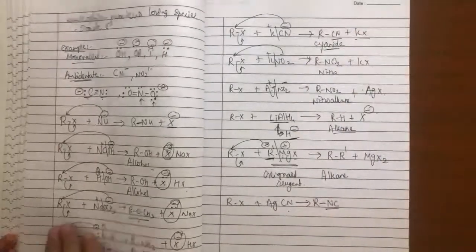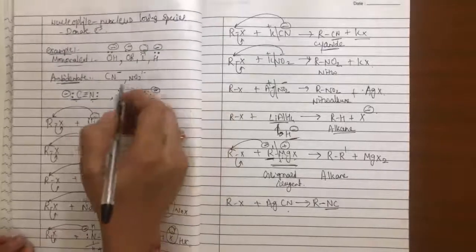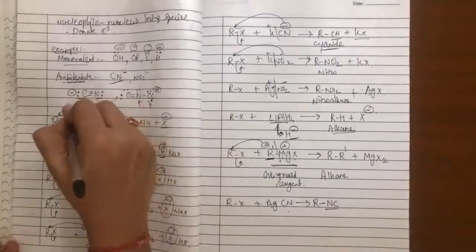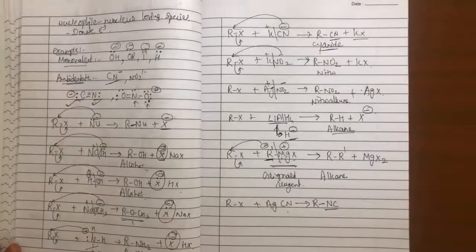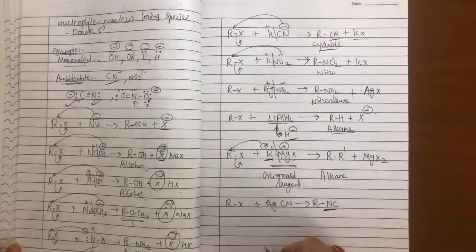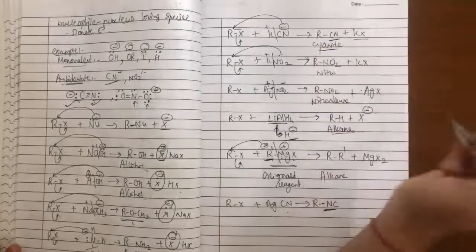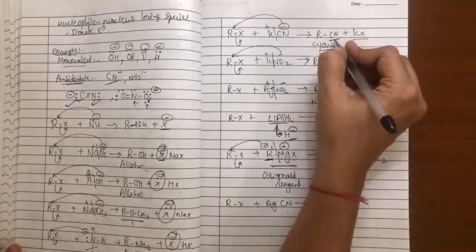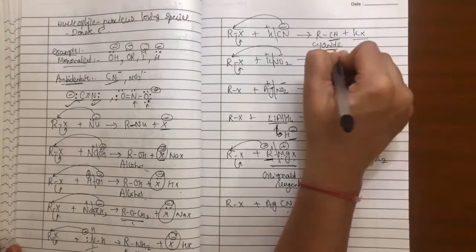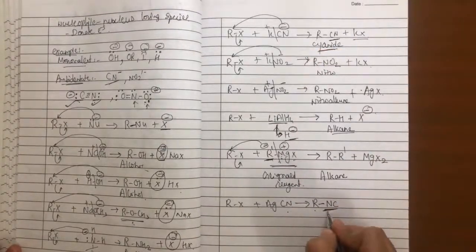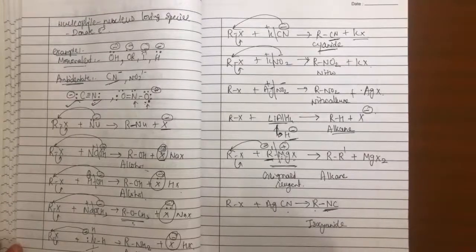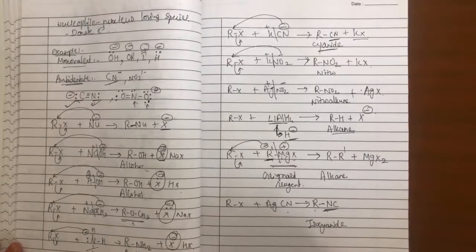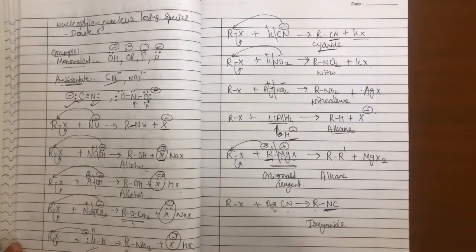As we discussed, CN minus is an ambident nucleophile, both ends are capable of donating electrons and forming a bond. So here in this case nitrogen is donating electrons, while in the first case carbon is donating electrons. When we have RCN linkage, that is known as cyanide, but when we have RNC type of linkage, this is known as isocyanide. So these are the two different things.